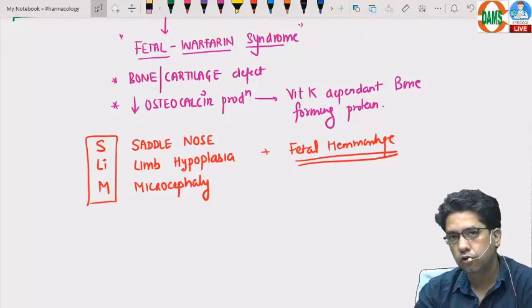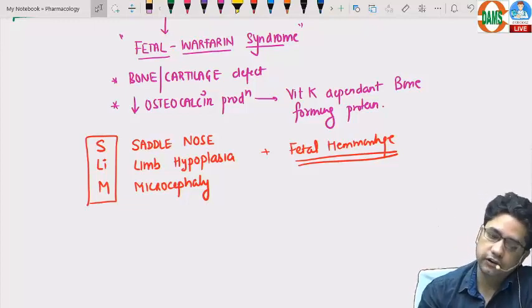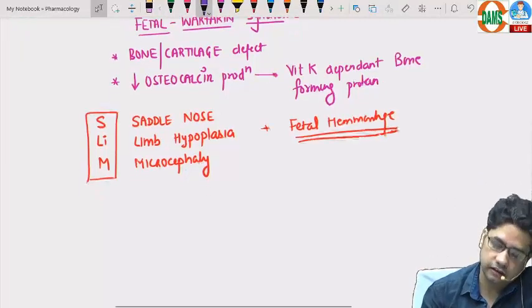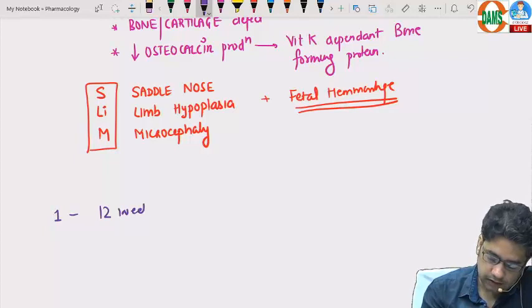Done. So if a pregnant female comes to you, which anticoagulant drug will you give? Let's see how we will give. If a pregnant female comes for 1 to 12 weeks, what should be the drug of choice?